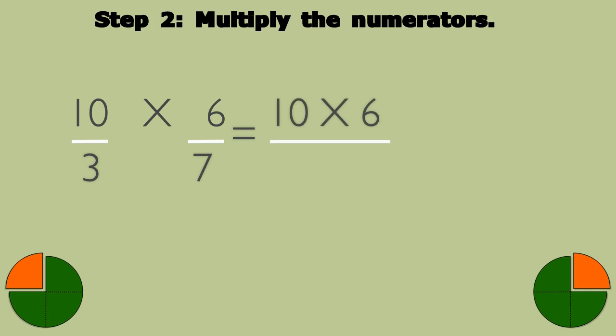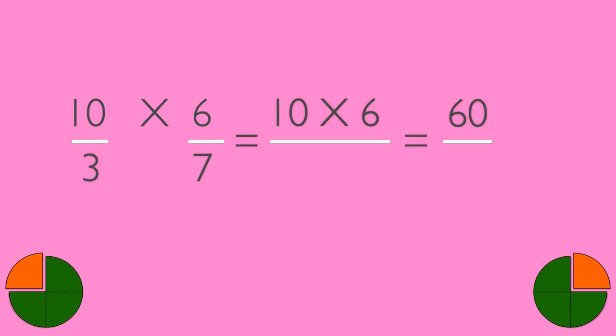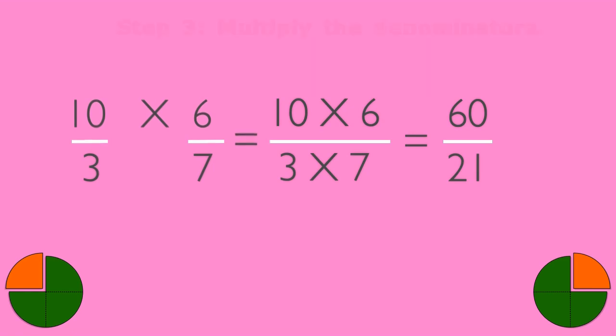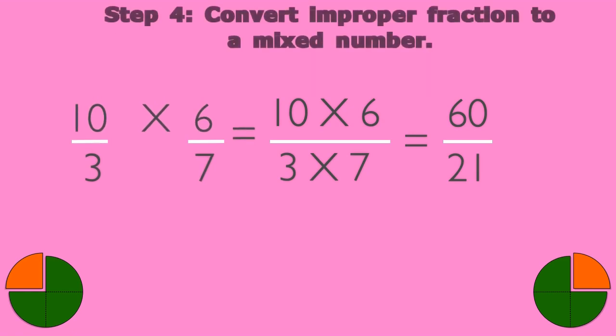10 times 6 is equal to 60. Excellent job. Let's multiply our denominators now. 3 times 7 is equal to 21. That's correct. Step 4 says that we convert this improper fraction back to a mixed number. How many groups of 21 can I get out of 60?